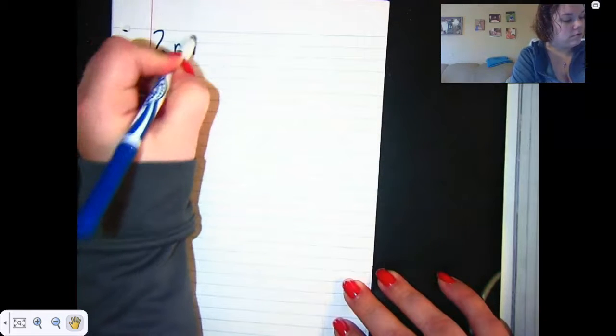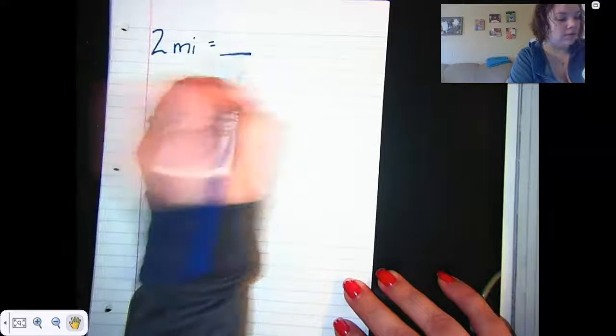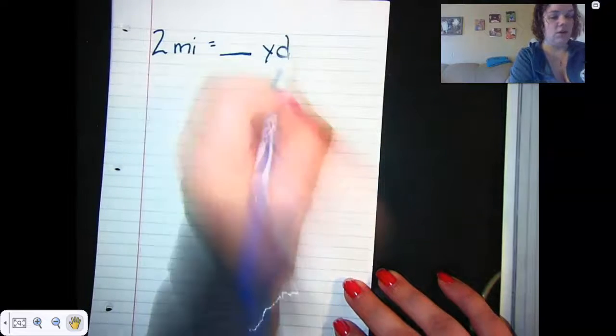So we are going to be doing a couple of questions. As you see, I'm pulling out your Go Math. These are in your Go Math book. First question, we have 2 miles, and they want to know how much that would be in yards.